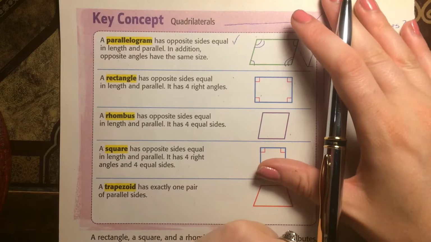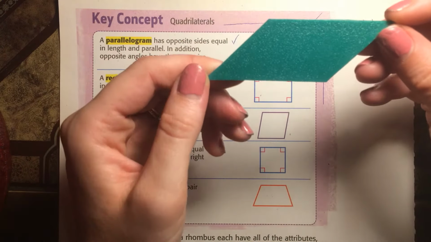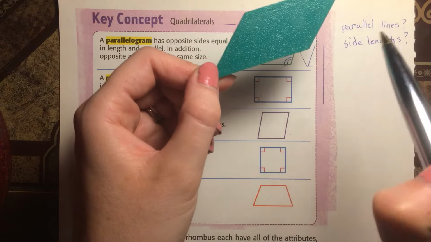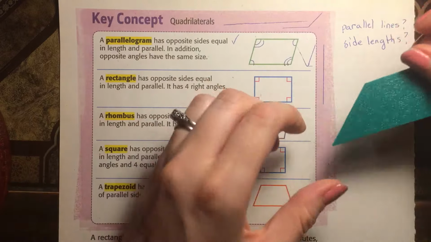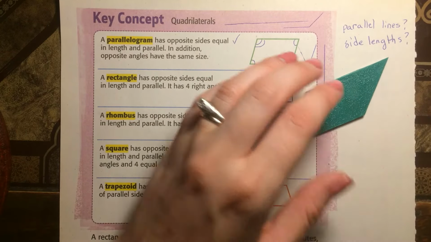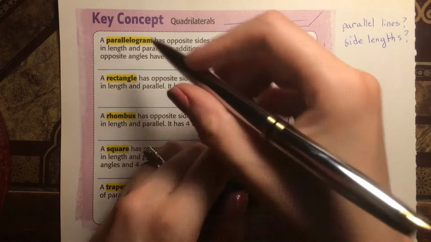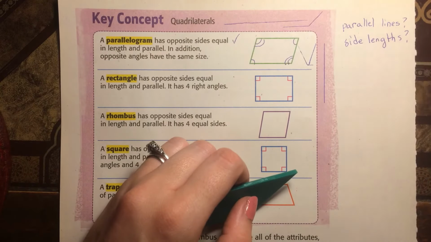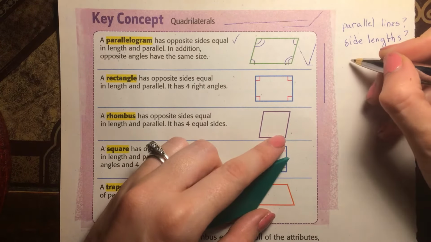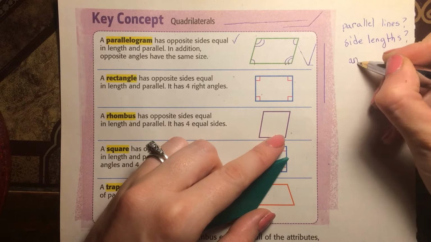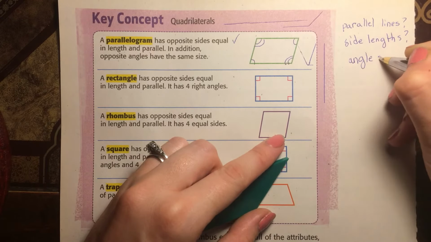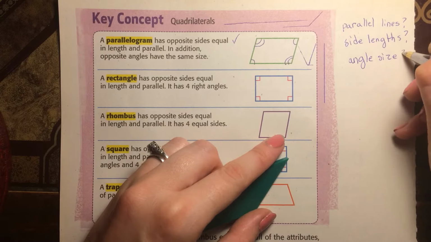Okay, so to be a parallelogram, all you have to have is opposite sides being parallel. That means going on forever in the same direction and never touching. Parallel, the side lengths, and then angle size. So you have to look at that, okay?